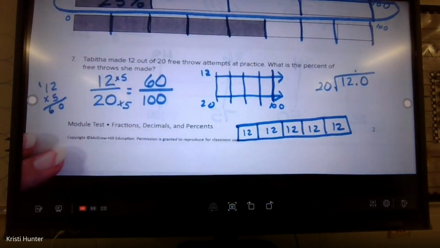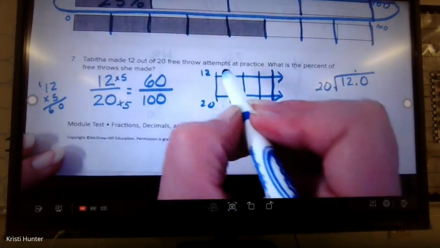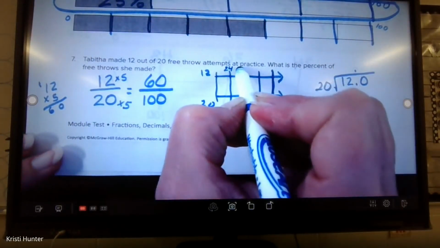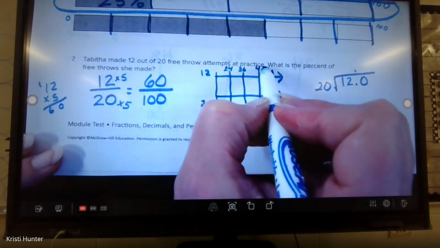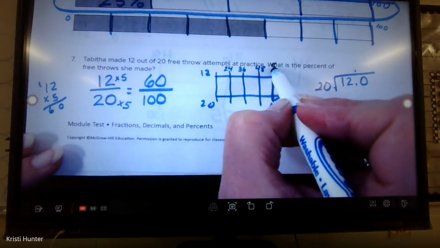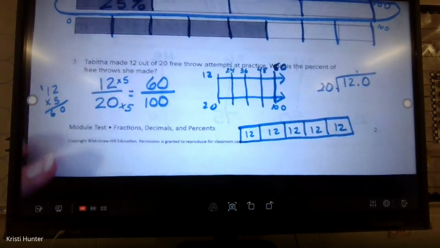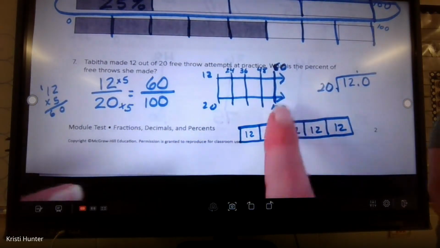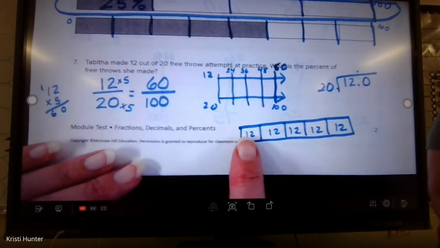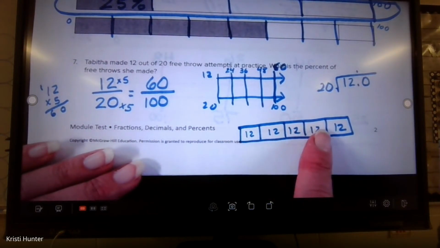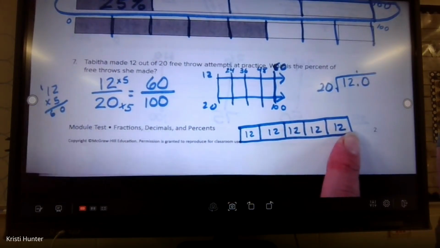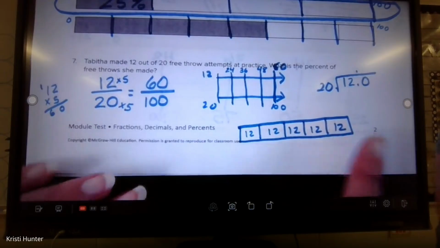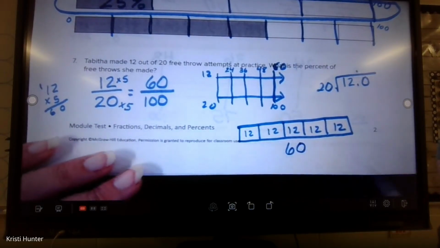So 60 hundredths. I could count by 12s: 12, 24, 36, 48, 60. 60 over 100 again. 12 times 5, which I already figured out over here, would be 60.